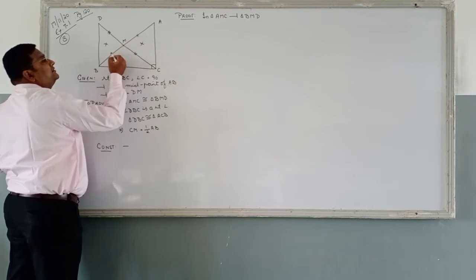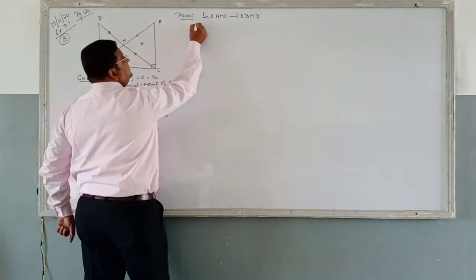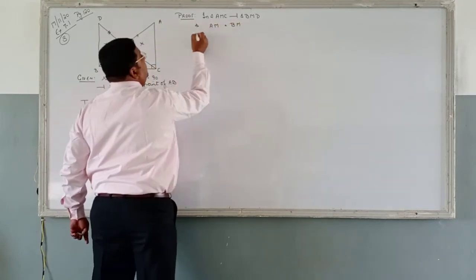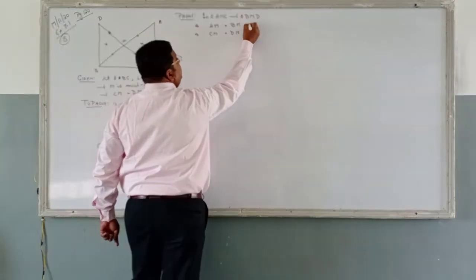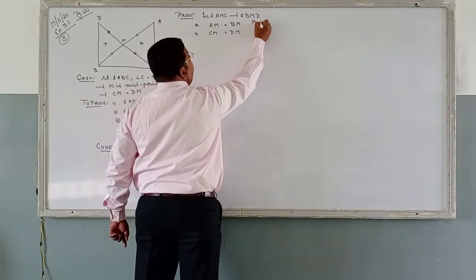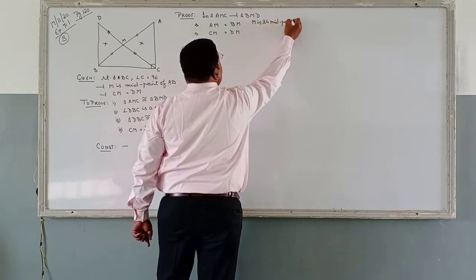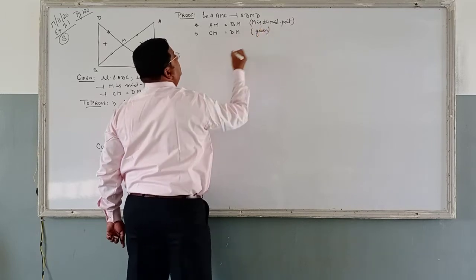Can you see AM is equal to BM and CM is equal to DM? These two sides are given to us. Reason: M is the midpoint, given to us. And this is also given to us that CM is equal to DM.